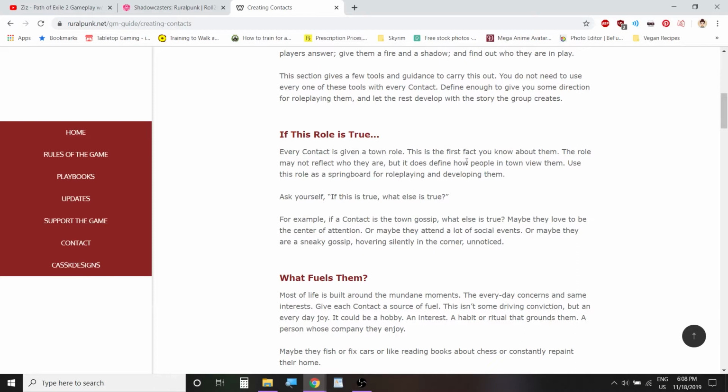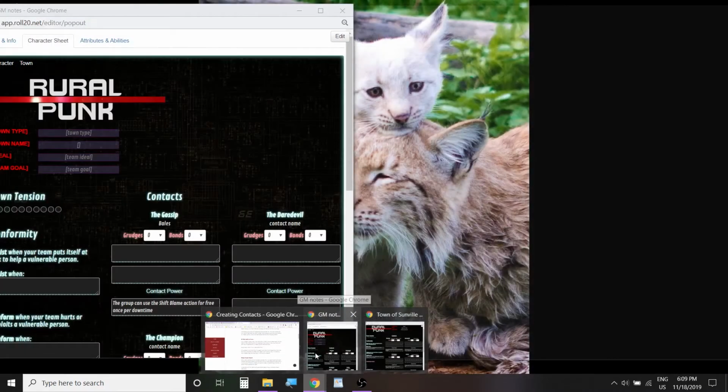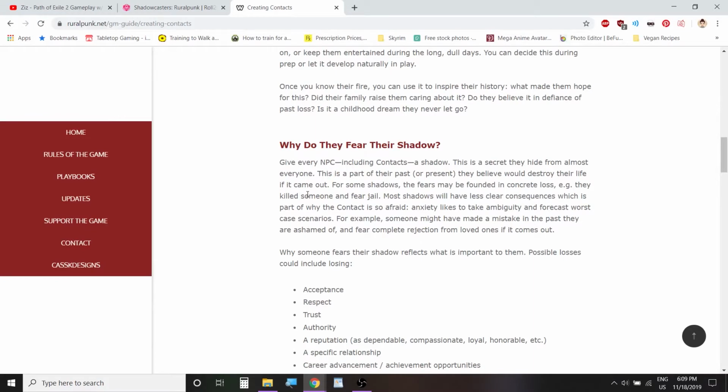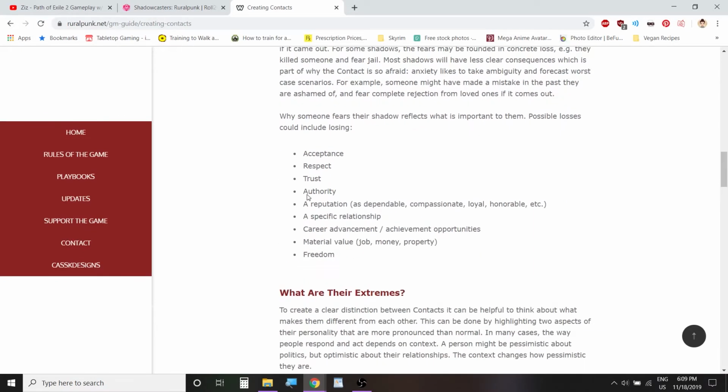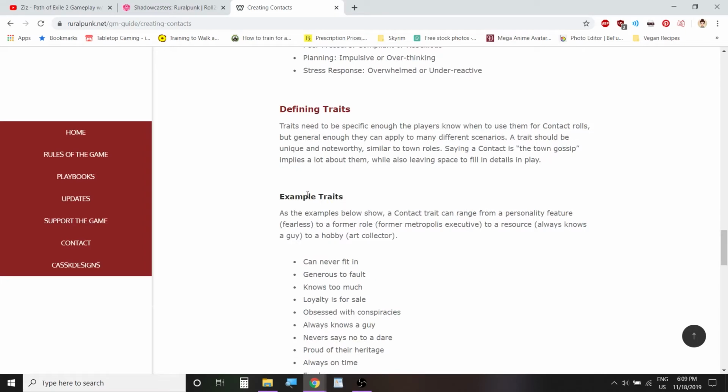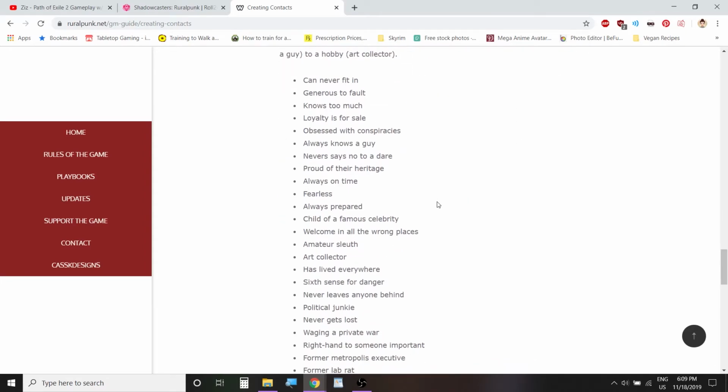So one of the first tips from the book is to think, if their town rule is true, what else do you know about the contact? So, for example, we know that Bales is the town gossip. So as we start looking at traits for her, what would be ones that fit? So, if I go down here, I can see some of the example traits.